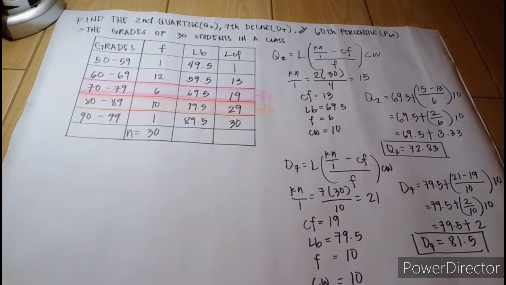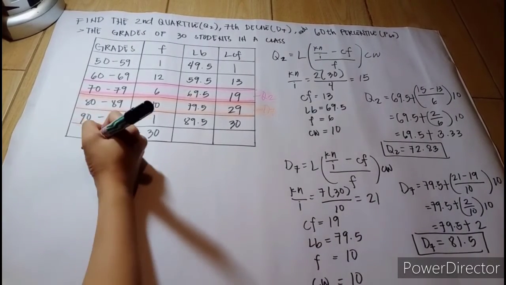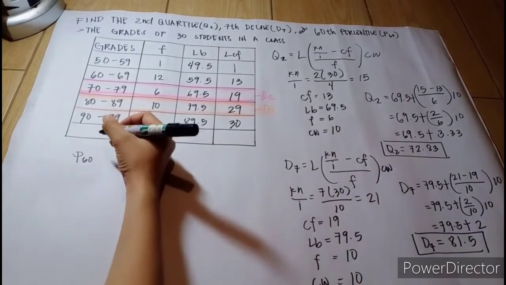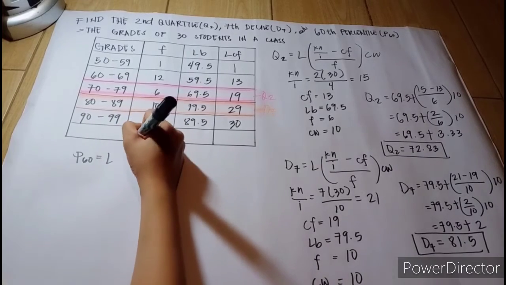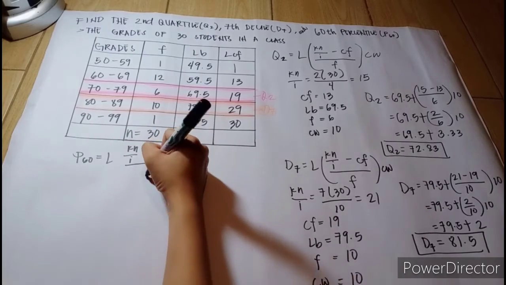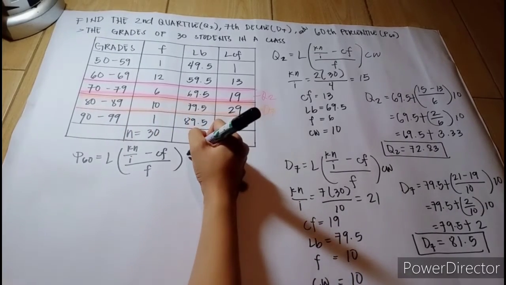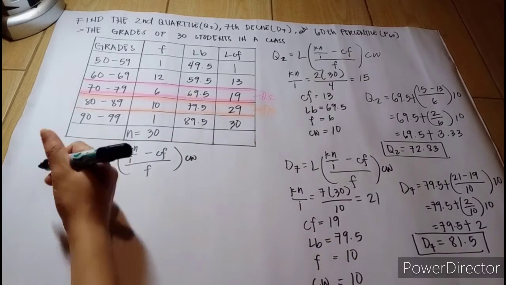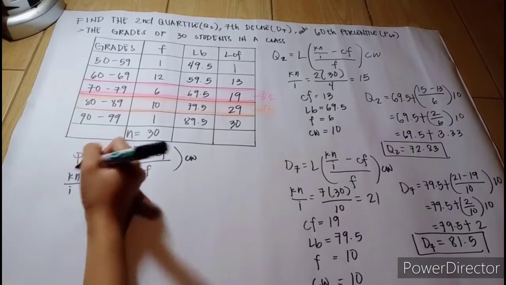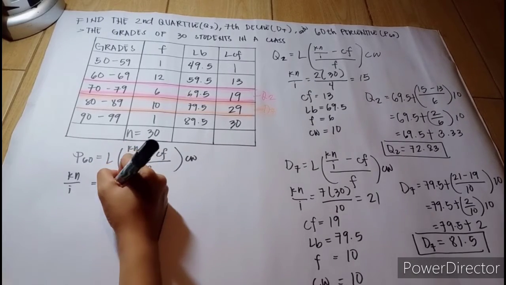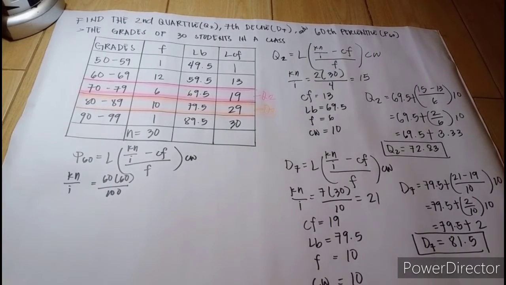Next, to find the 60th percentile, first you need to put the formula. So, Kn over I, 60 times 60 over 100. 100 because the value of I in percentile is 100.